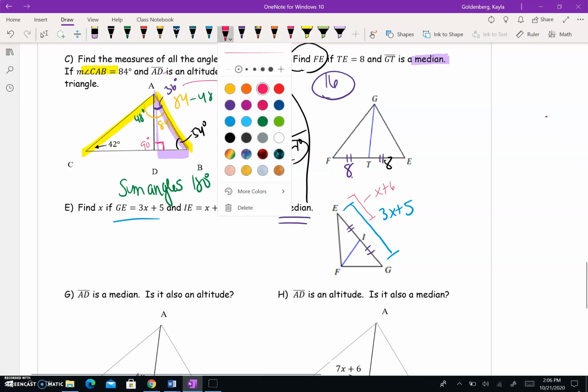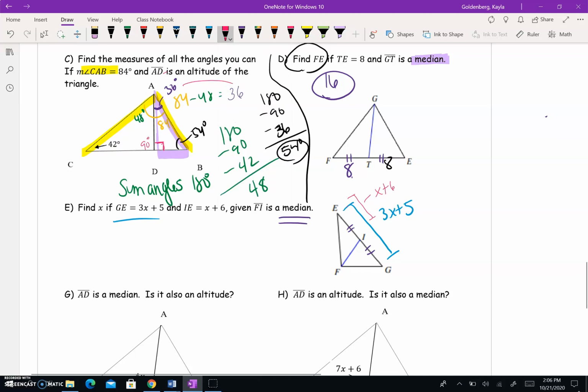So we need to figure out how to write an equation that's true. Let's see. That means if IE is equal to IG, this one would also be x plus 6 big. So couldn't we say that x plus 6 plus another x plus 6 equals the total of 3x plus 5? Let's try and solve this equation.